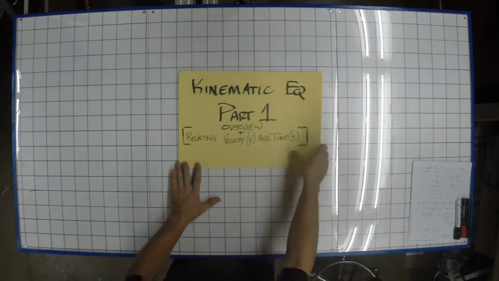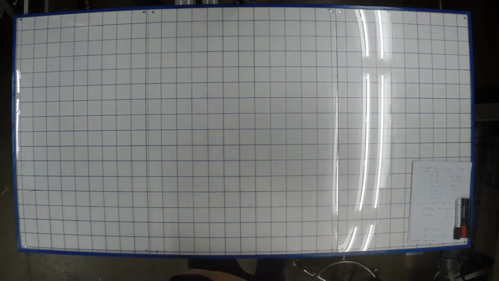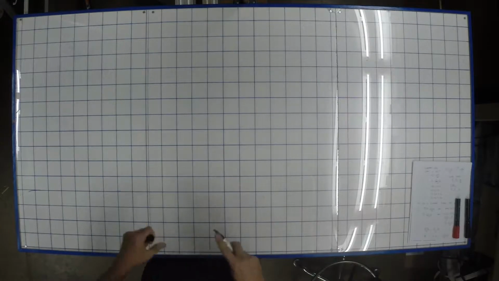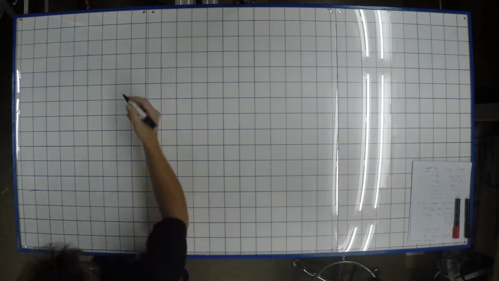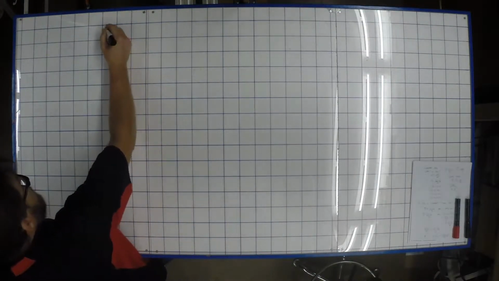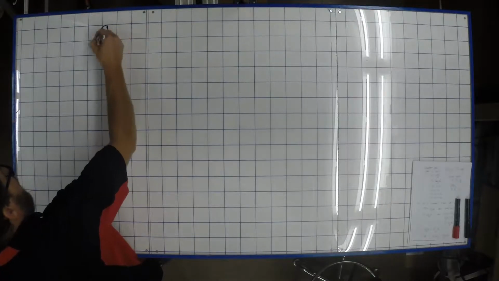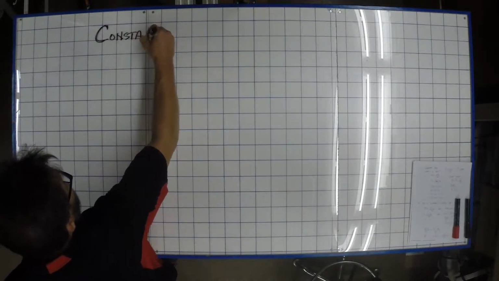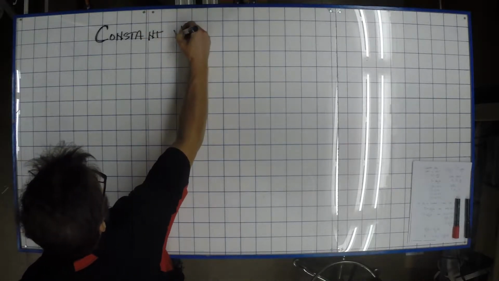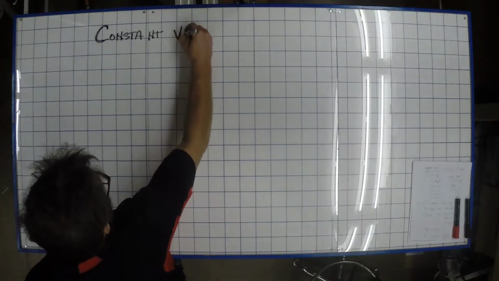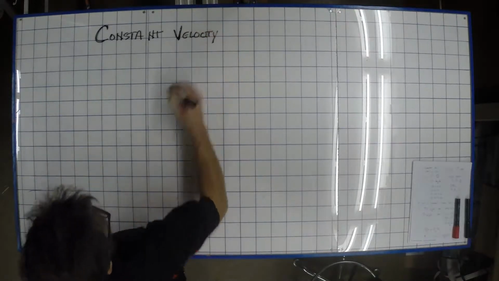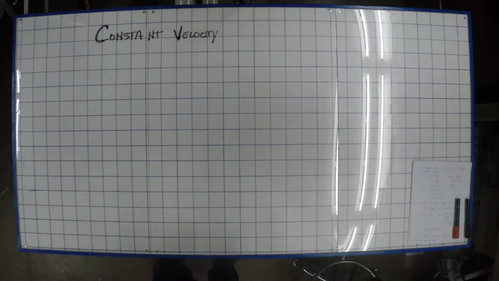So let's start off with an overview. The biggest single premise we have with all this is that we are experiencing a constant acceleration. So what does constant acceleration mean?